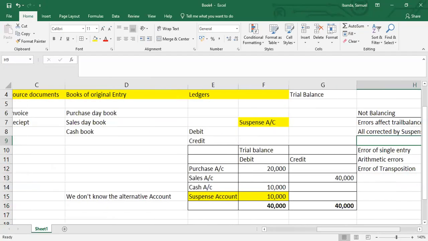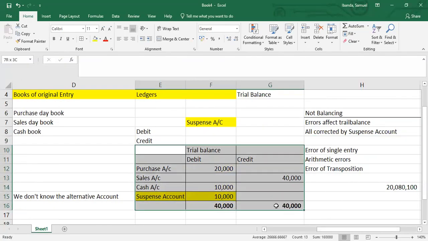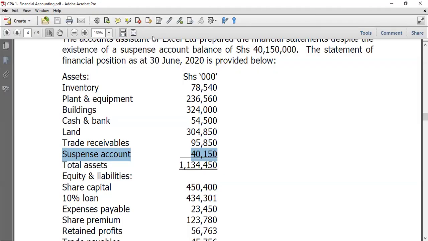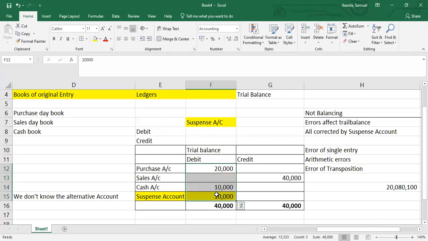So if this was your trial balance, as we can see it right here, it would mean that if they are telling you from the statement of financial position that the suspense account is under assets, then from the trial balance perspective, the suspense account is actually on the debit side, okay? Because assets have a normal debit balance.